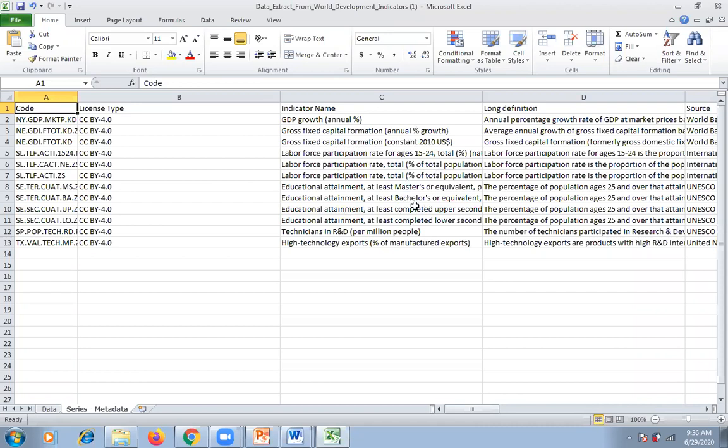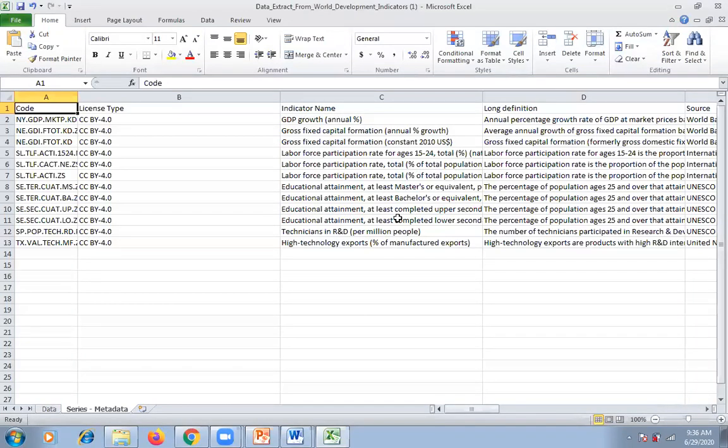In your write-up, you write data, then you write the econometric model. Then you have to write down the sources of data. You retrieved the data from WDI, World Development Indicators.